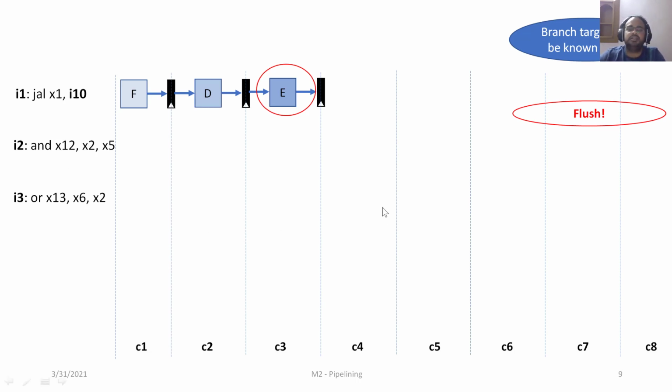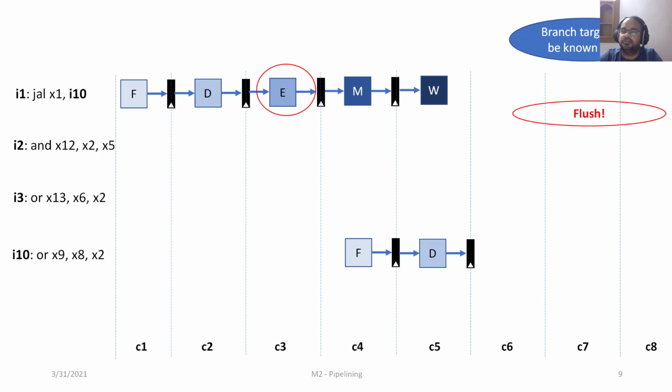What basically flush means is we are going to zero out all the interstage buffers between the fetch and decode stage, and we are also going to zero out the value in the instruction register in cycle 3, and the new PC value will be given in cycle 4. So when I1 enters the memory stage, at that point we will fetch I10 and continue the execution further.